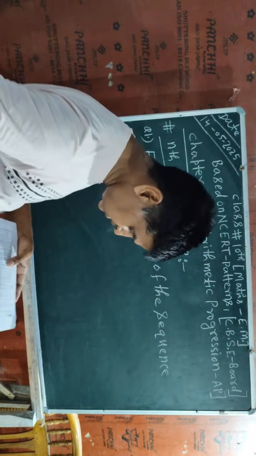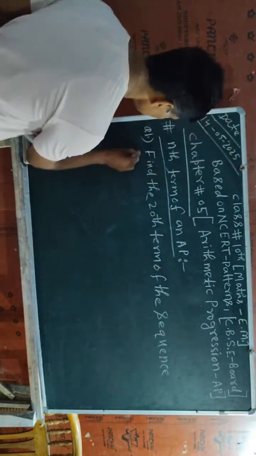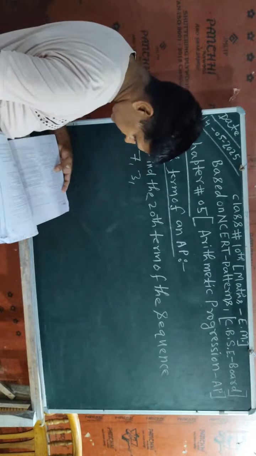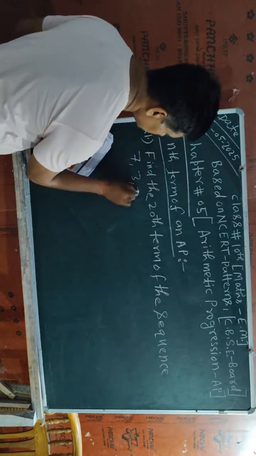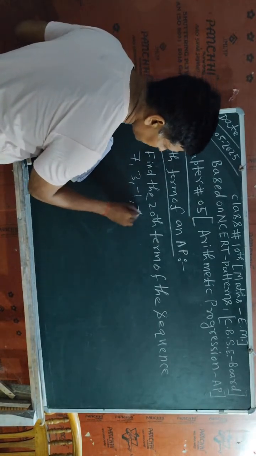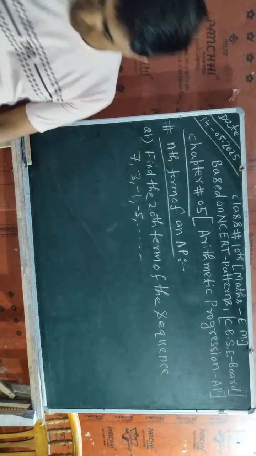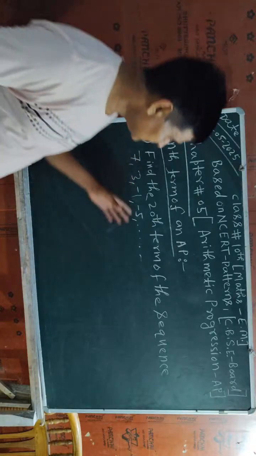That sequence is given in the form of 7, 3, -1, -5. That is given.